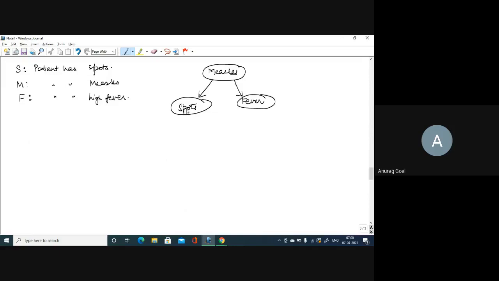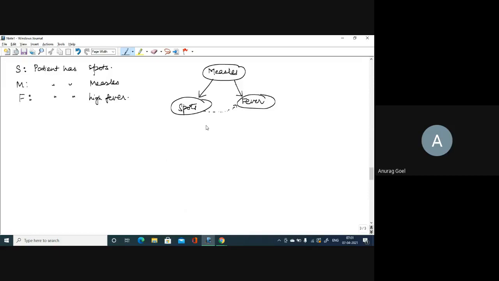Why? Because if someone has spots, then obviously there is a chance that it is from measles, and it can have an additional symptom of fever. So this is additional evidence. If a person has spots, it increases the belief in favor of fever.